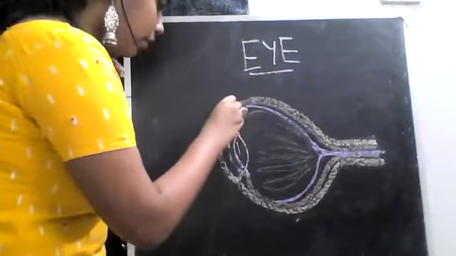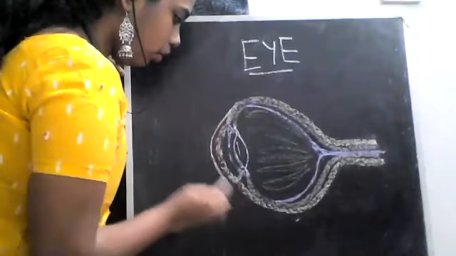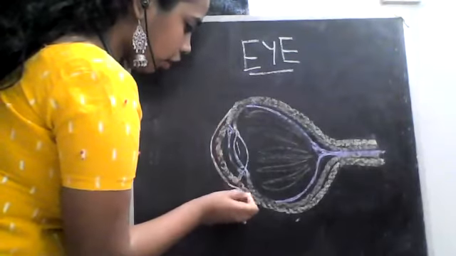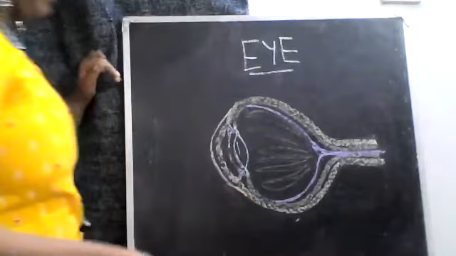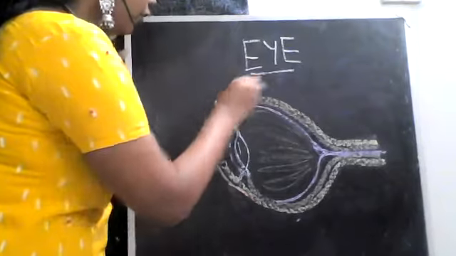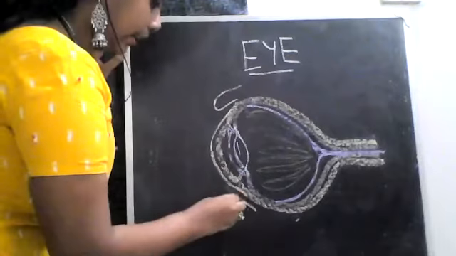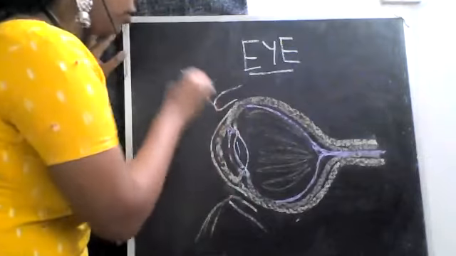And then we have the cornea. Along the bulge, just draw one more bulge along it, with a little bit of gap. Here you will have your eyelids. You can draw some eyelashes if you want.